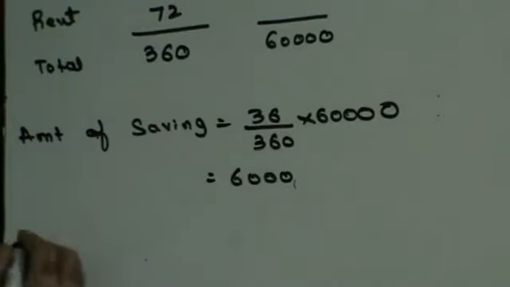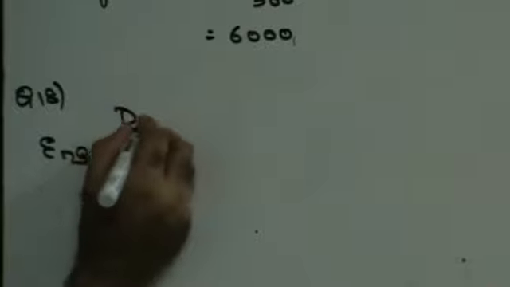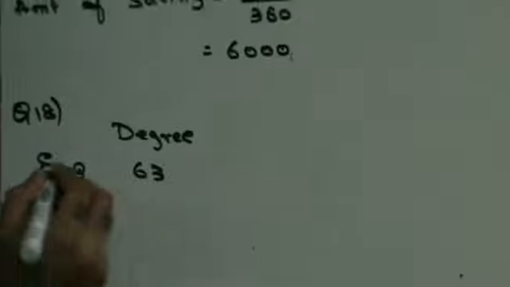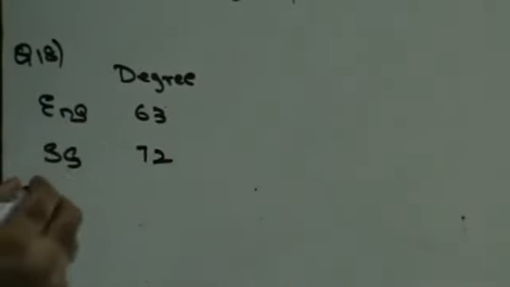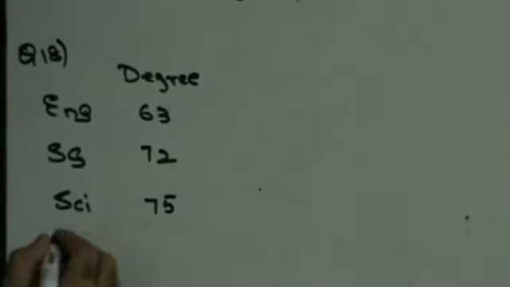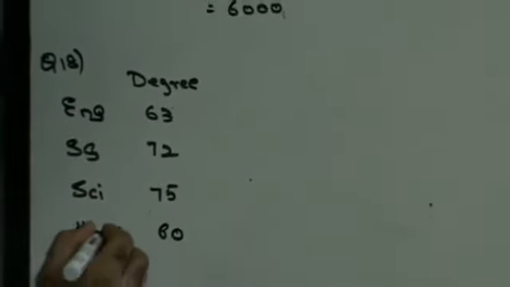Next, question 18. Let's see this. They've given you English groups. A student has got 63 degrees in English, social science is 72 degrees, science is 75 degrees, Hindi is 60 degrees, and maths is 90 degrees.